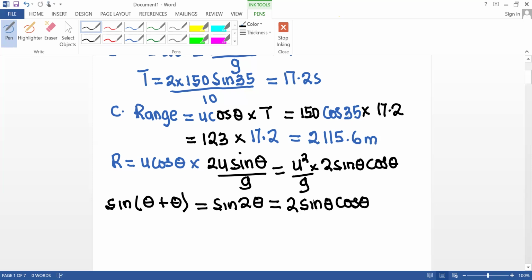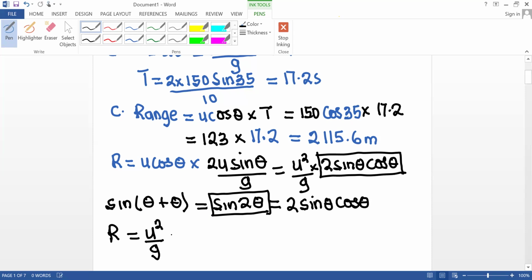So if 2 sine theta cos theta is the same as sine 2 theta, then in place of this, I can also put this one, because by formula they are the same. So the range formula can also be u squared over g times sine 2 theta.